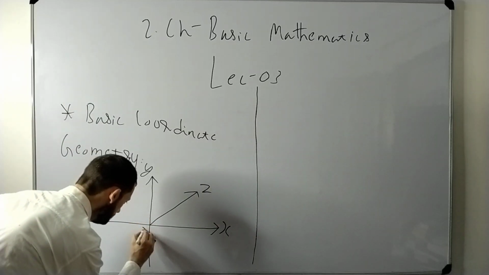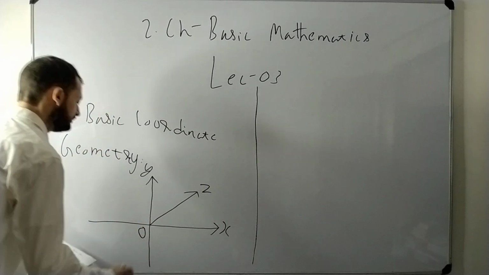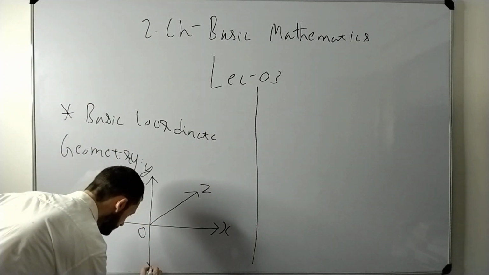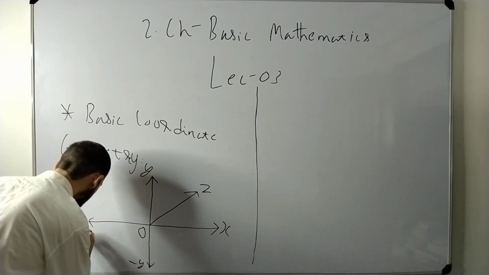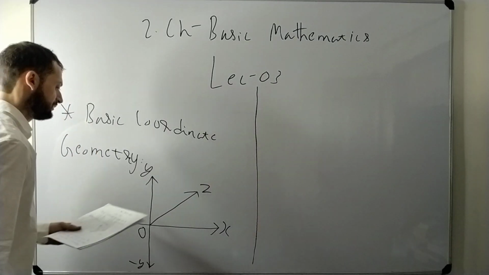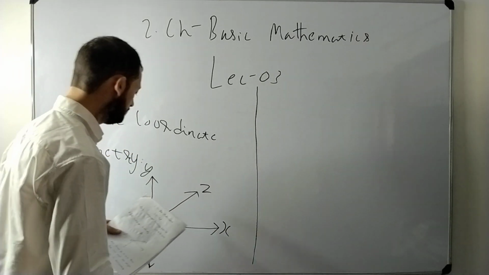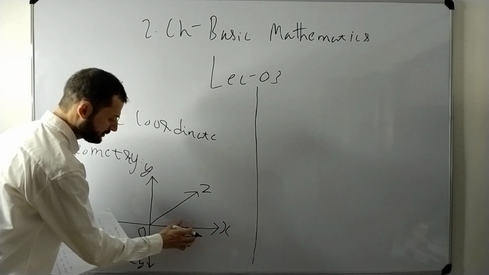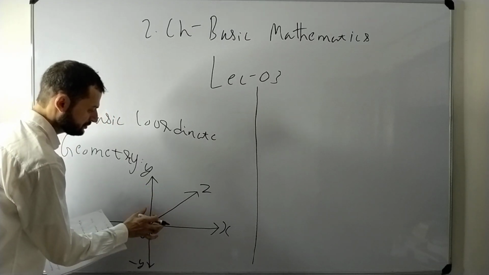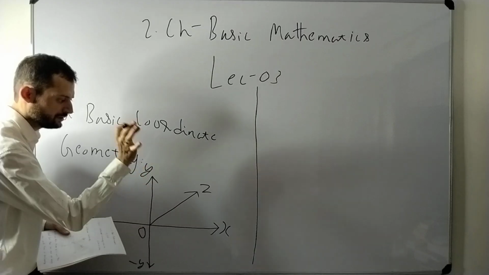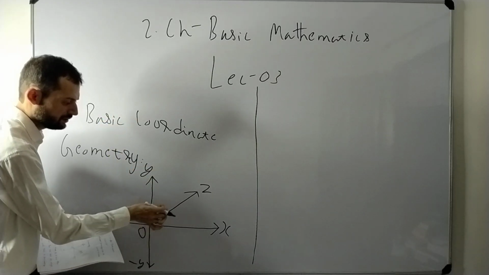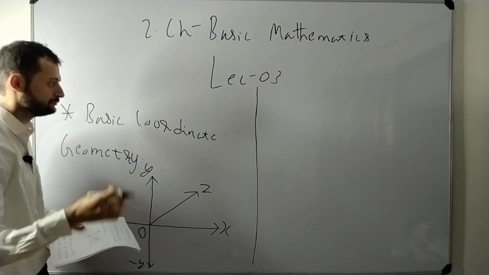This happens to be origin, and this is minus y, and this is minus x. So the x and y happen to be in a plane, and z happens to be into the space. So it is going towards you.